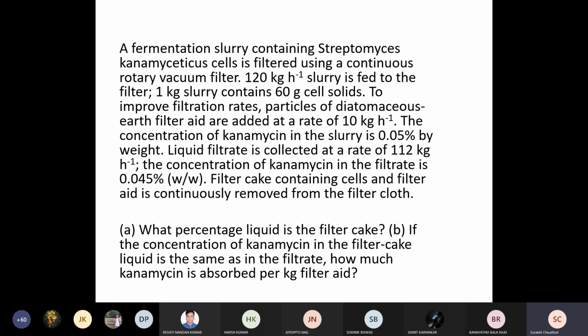The antibiotic name is kanamycin. And the microorganism which is producing this antibiotic is called Streptomyces kanamyceticus, and we have done the production.